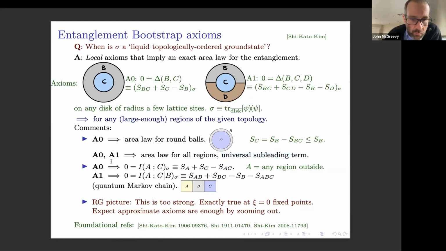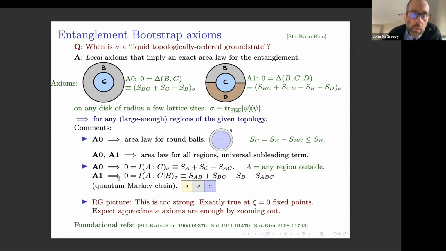Okay, and so the most important consequence of these axioms is that even though they're local conditions, they imply statements about arbitrary regions outside the ball. So in particular, A0 implies that the mutual information between the interior of the ball and a region A, which is anywhere outside the ball, vanishes exactly.